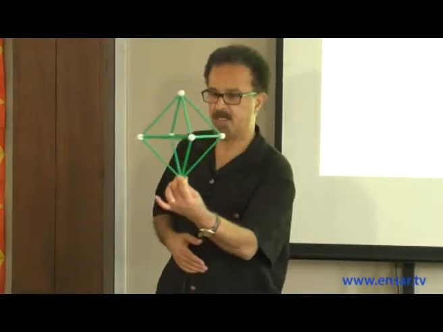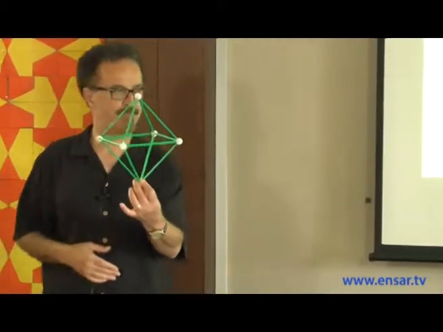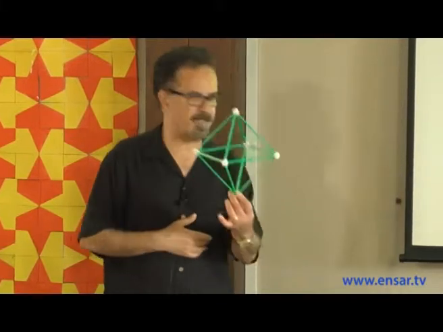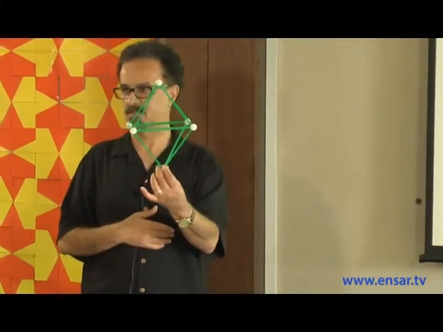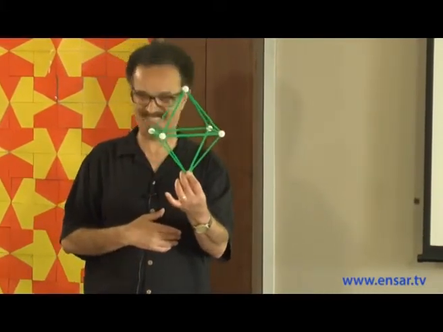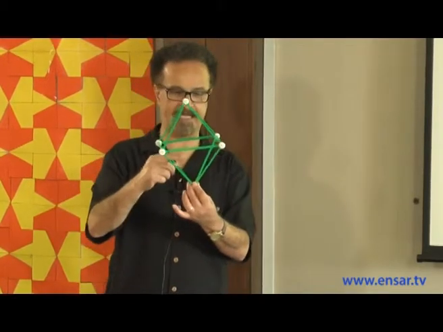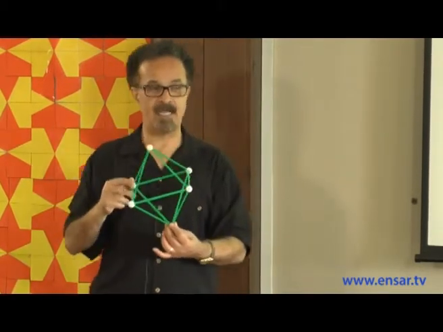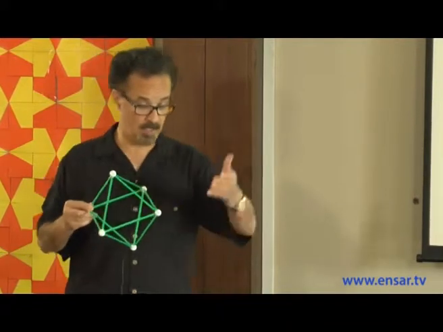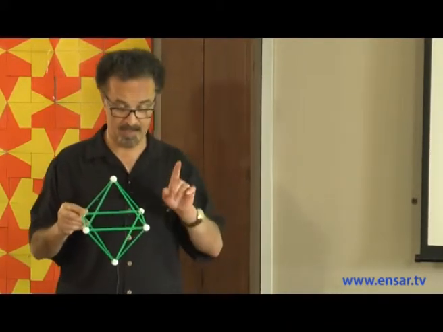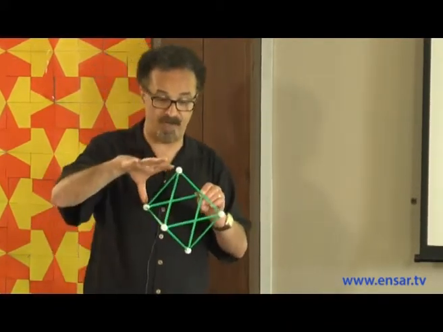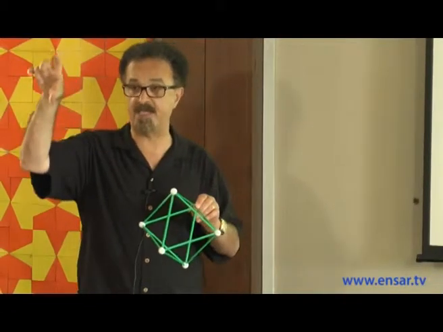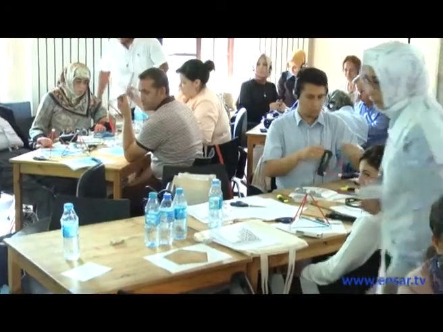So how many sticks do you need? 12. 12, very good. How many balls? 6. 12 green sticks and 6 balls. Now, if you want to do it, come here, but you should know that for each green that you pick, you should pick the same size.